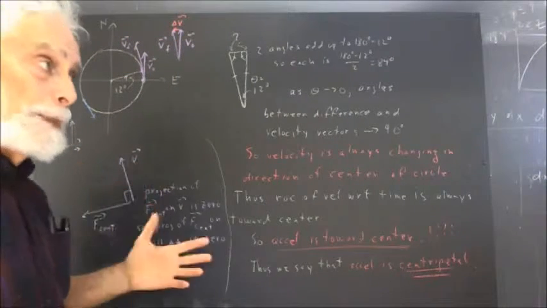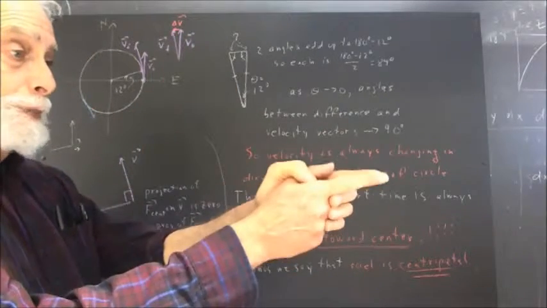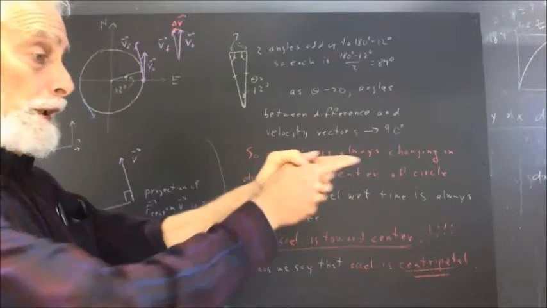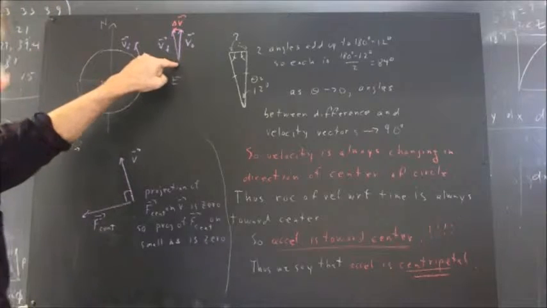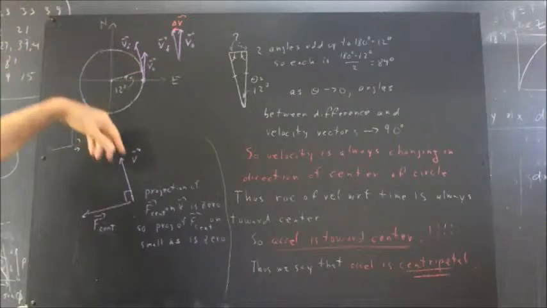Now, my perception of my velocity is that I'm going this way, and then I'm going this way. So if I was to draw the velocity vectors from my point of view, I'd draw them like this, because I'm aware that I'm moving around the circle, but I don't know how far.